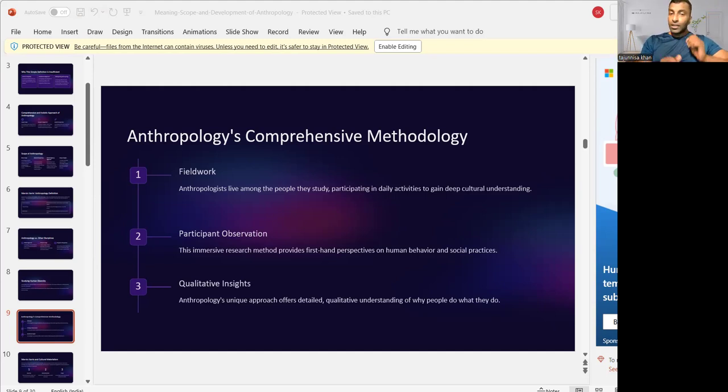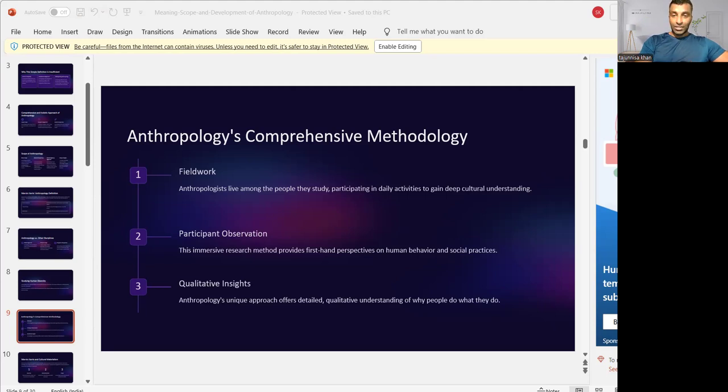Okay, so this method provides a first-hand experience and first-hand perspective, and that's the best of the knowledge that you can ever produce, which allows the anthropologist to study not just what people do, but why they do that also. So when you are getting immersed into them, and when you become part of them, you will not only learn what they do, you will also learn why they do it and how they do it. All these will be very clear.